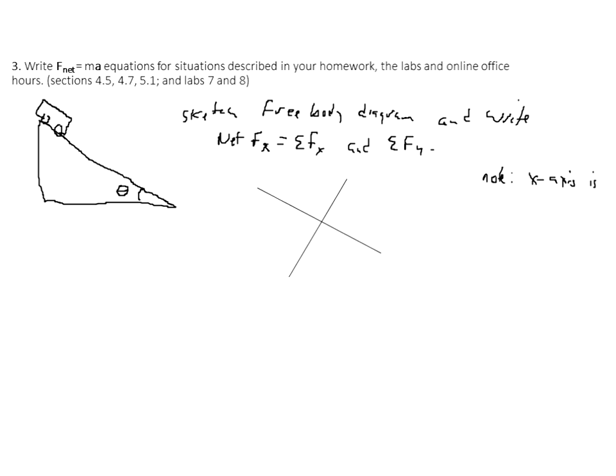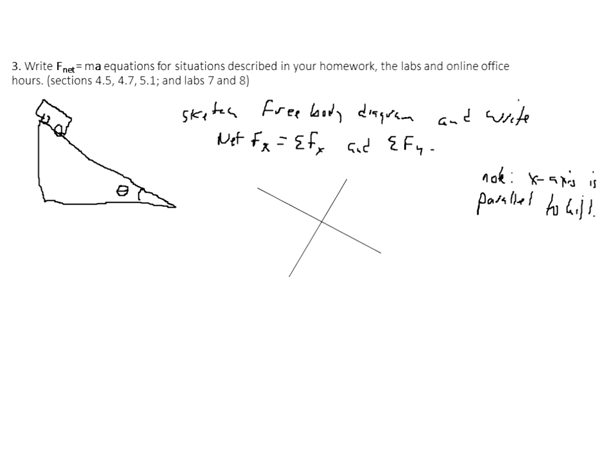So note the x-axis is parallel to the hill. All right, and let's say there's some friction.